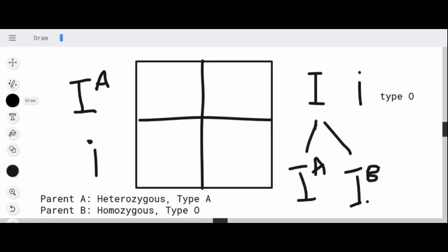A person with that genotype would still have type A blood, because the dominant allele always masks the recessive allele. Parent B, homozygous type O, meaning negative. They have both recessive traits, meaning a little i and a little i. Anyway, you know their name.